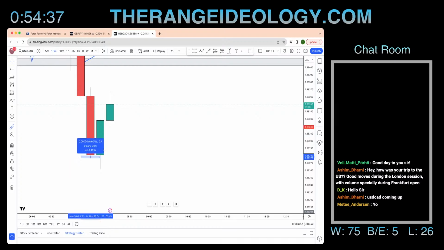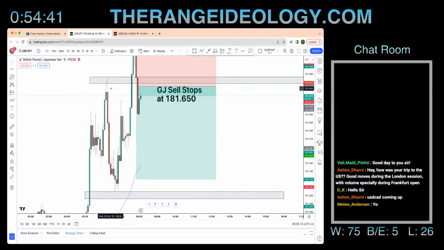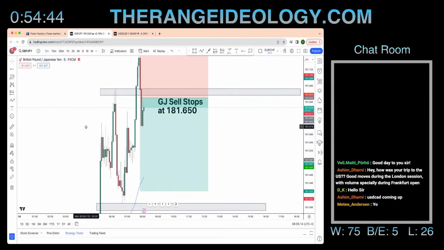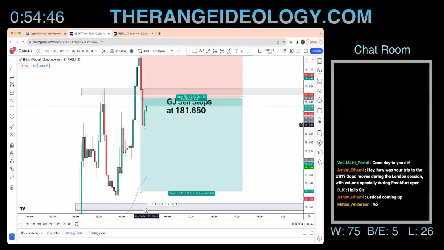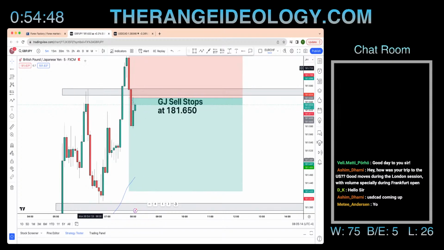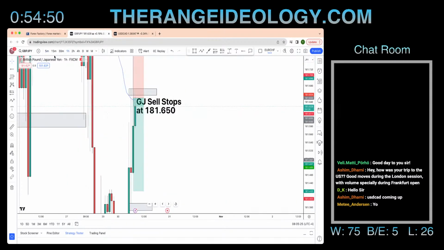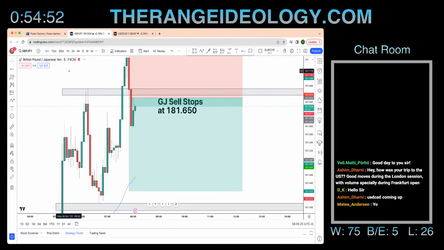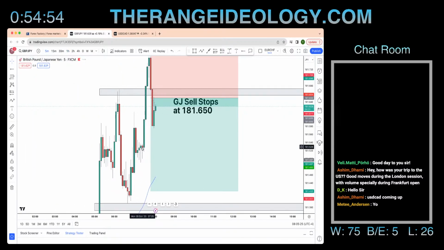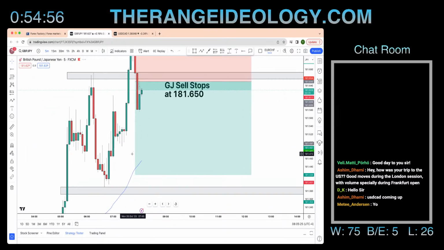Okay, so it is in this consolidation zone right here as well. You need a reversal on the GJ here. I don't like it climbing back up. It keeps climbing back up. Need a push down here, right, to respect the range and continue down.